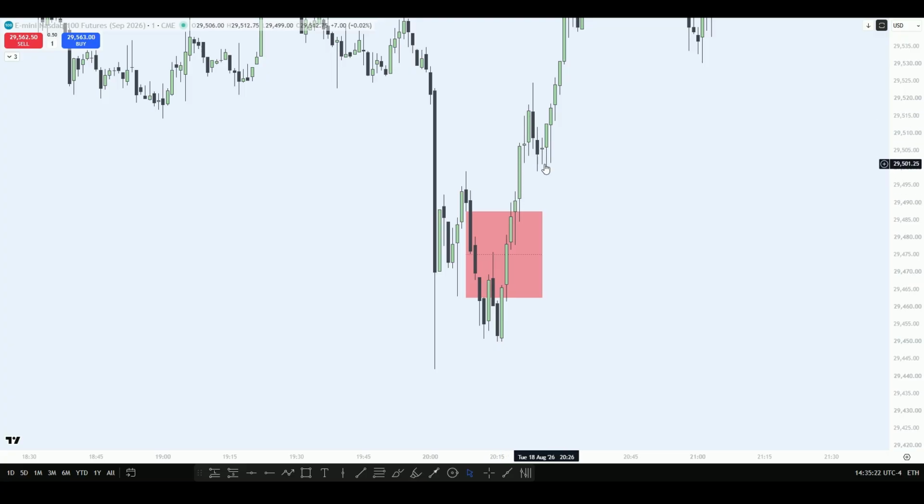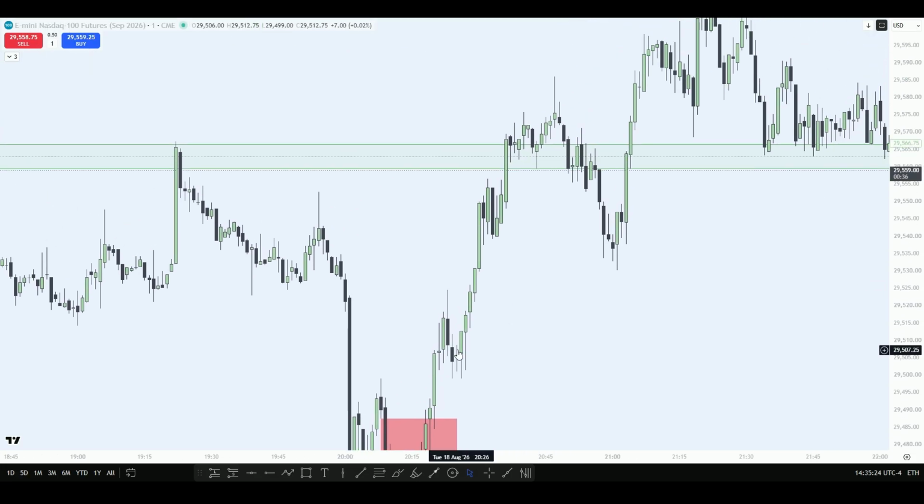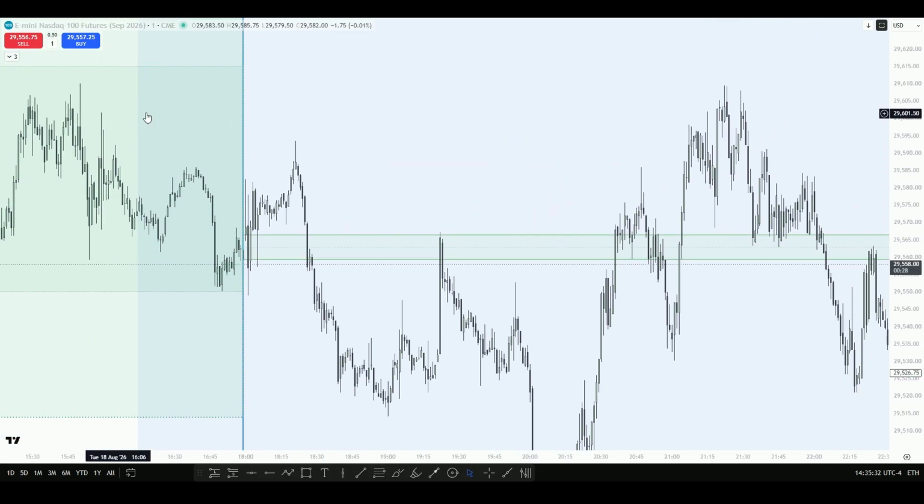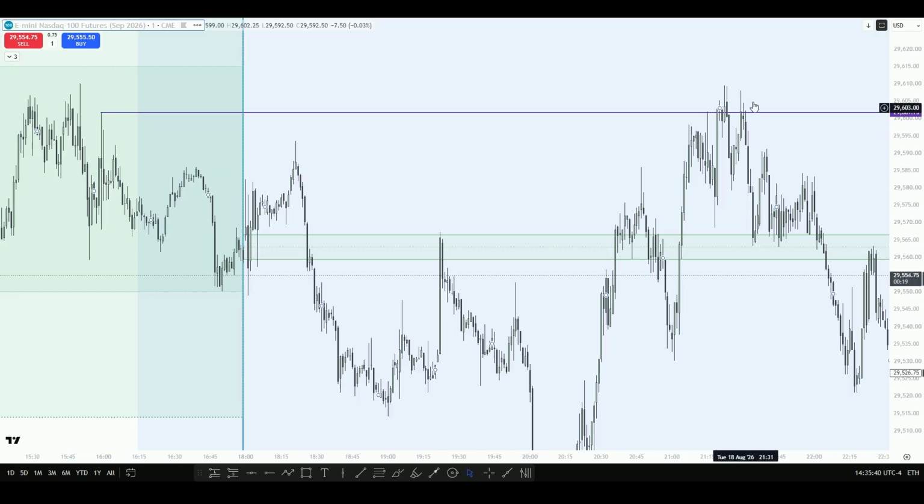We trade into it here, and then we continue to expand above this pool of liquidity, new day opening gap also here, and ultimately relative equal highs, I'm sorry, here, like here, taken, and then we reverse.